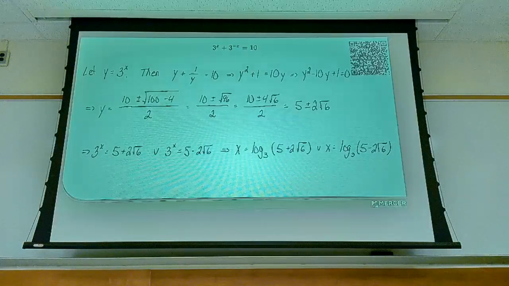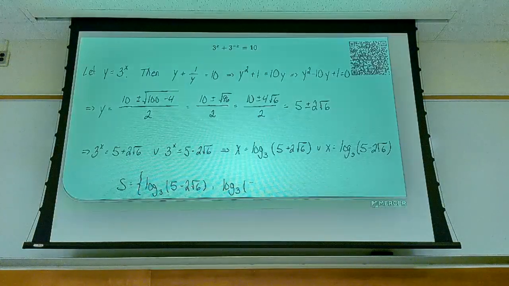And 3 to the x would be one of those two values, which means x is log base 3 of one of those two values. And here we truly do have two solutions.